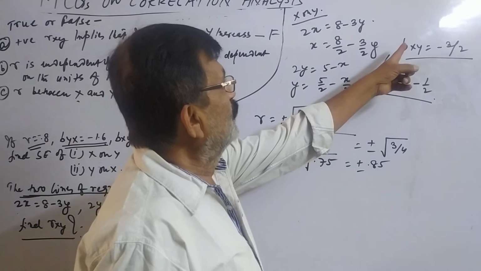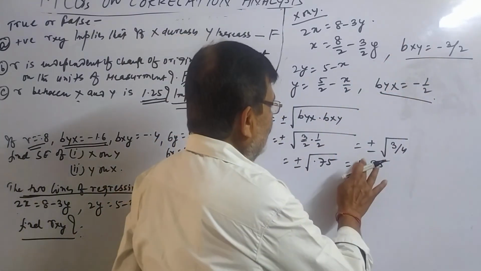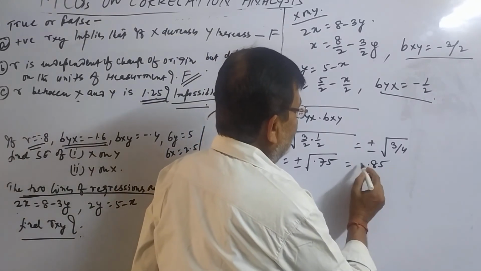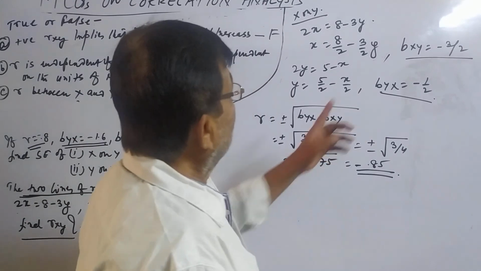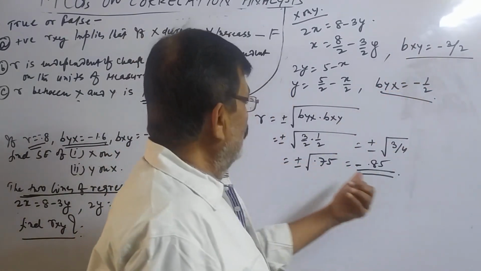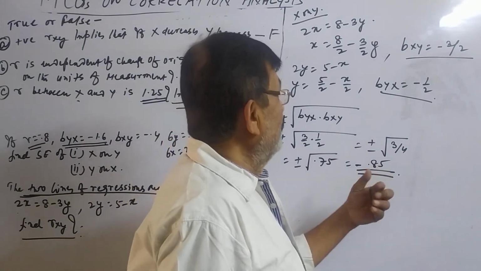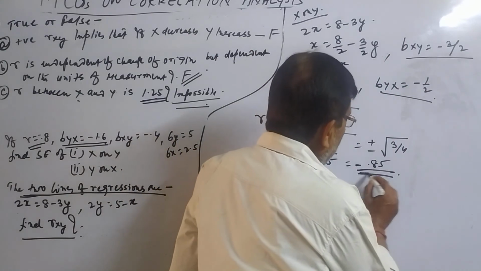Both of the regression coefficients happen to be negative, so r has to be negative, so r would be minus 0.85. If these two regression coefficients had been positive, then r would have been plus 0.85. Since these two are negative, r would be expressed as minus 0.85.